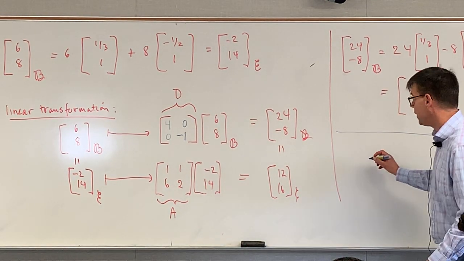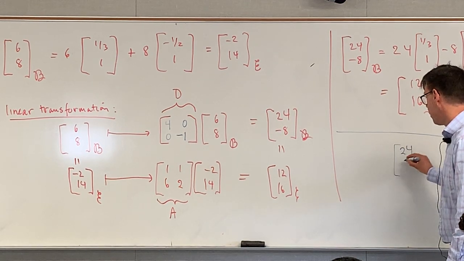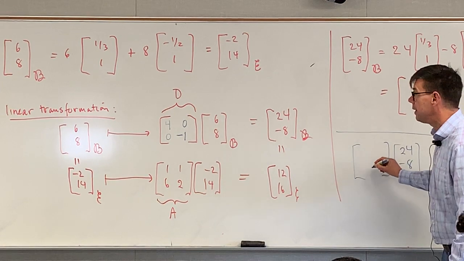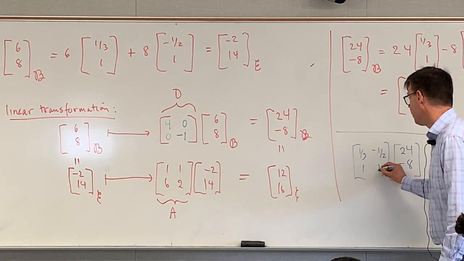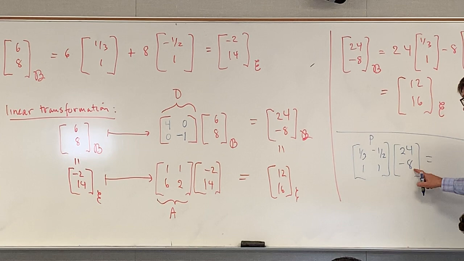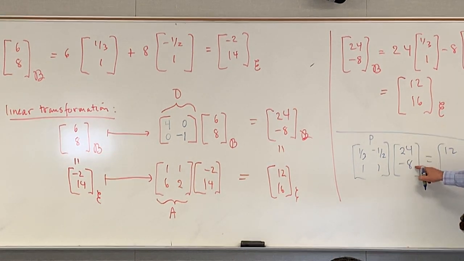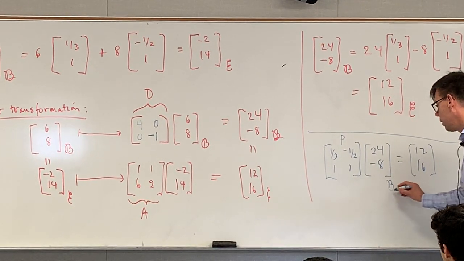So if we take 24, negative 8 times P, with columns 1/3, 1 and negative a half, 1, there's our P matrix. We get 8 plus 4 is 12. We get 24 minus 8 is 16. This is B coordinates.